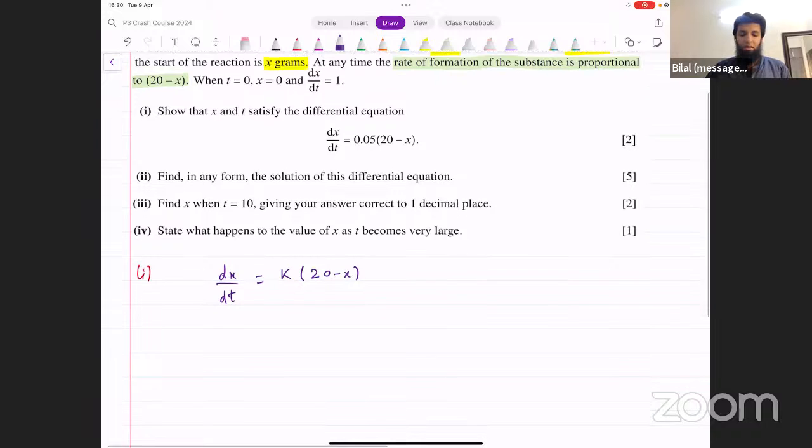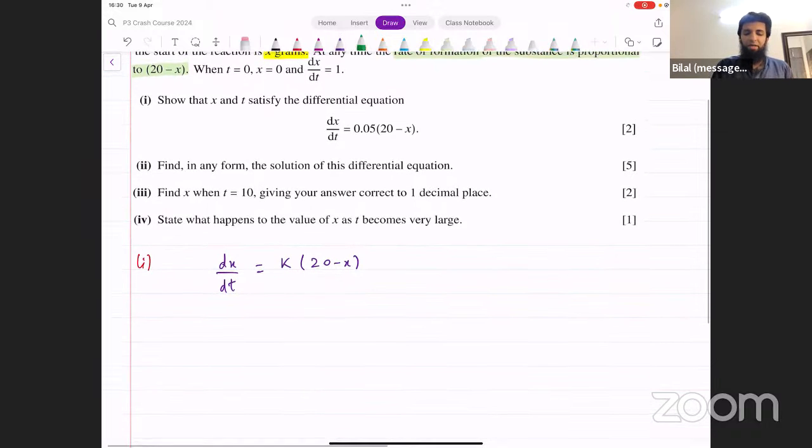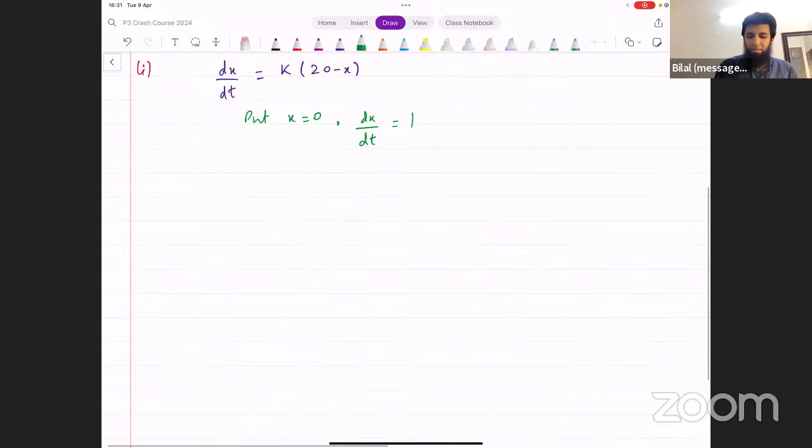Okay. Now we're given a point: when t equals 0, x equals 0, dx over dt equals 1. We can just input those values here to find the value of k. So we have x equal to 0 and dx over dt equal to 1. We could just input those two things here. And that gives us 1 equals k into 20 minus 0.